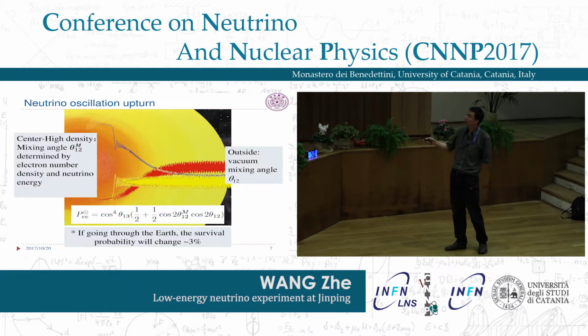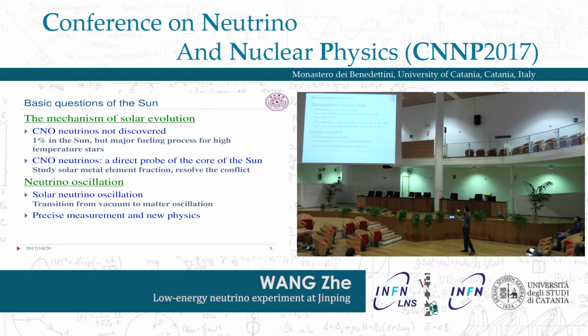So there's an upturn feature, the so-called upturn feature, in the solar electron neutrino oscillation. So these are some basic questions we are interested in. For example, the CNO neutrinos: we want to see how to discover this, and it's a direct probe for the solar core. We also want to measure the neutrino oscillations of the sun.